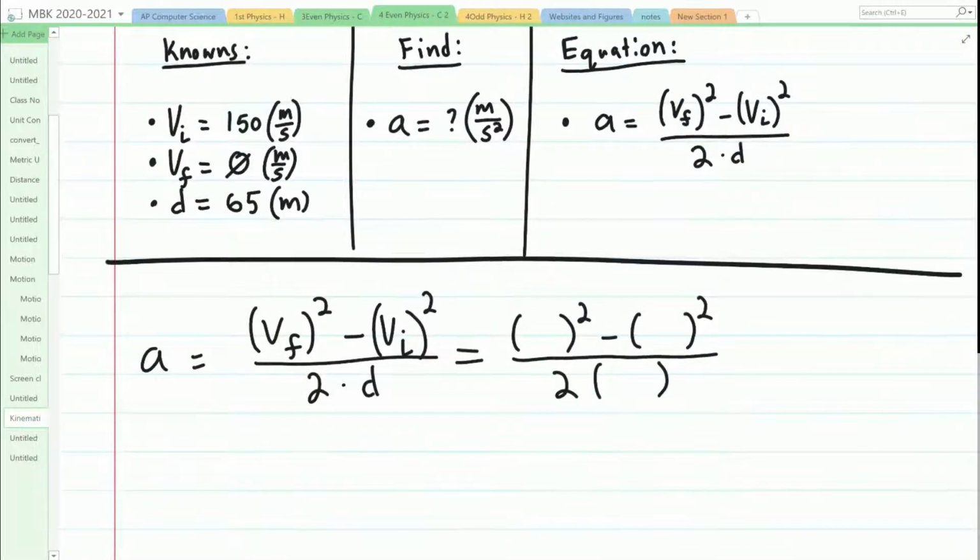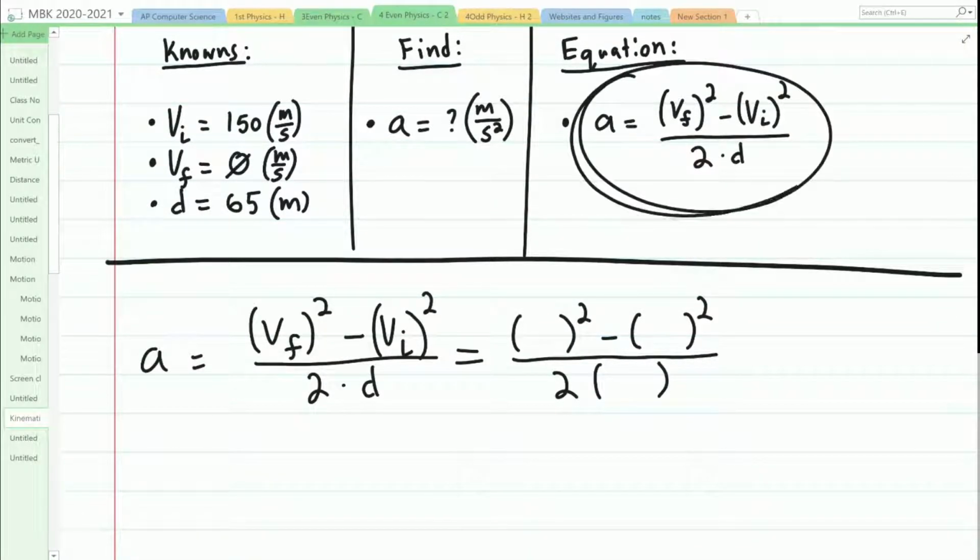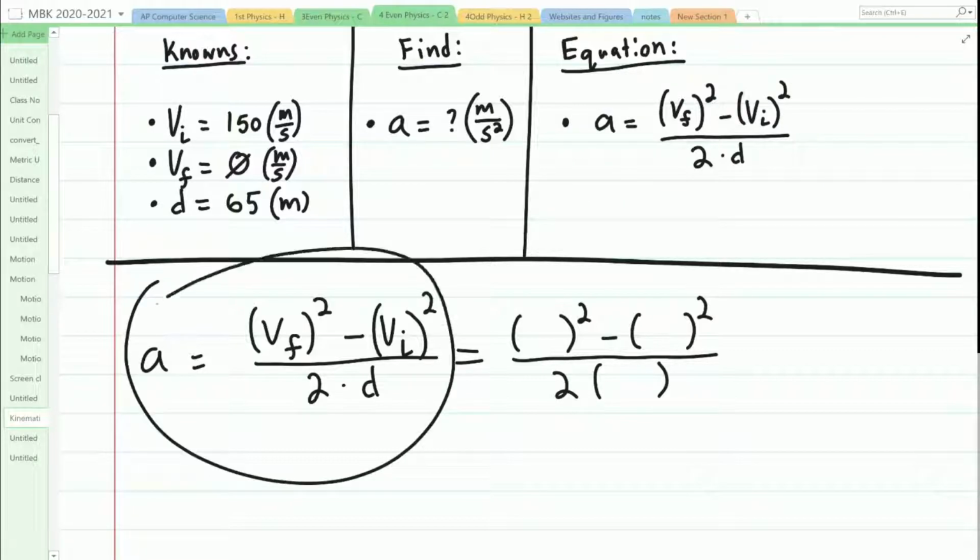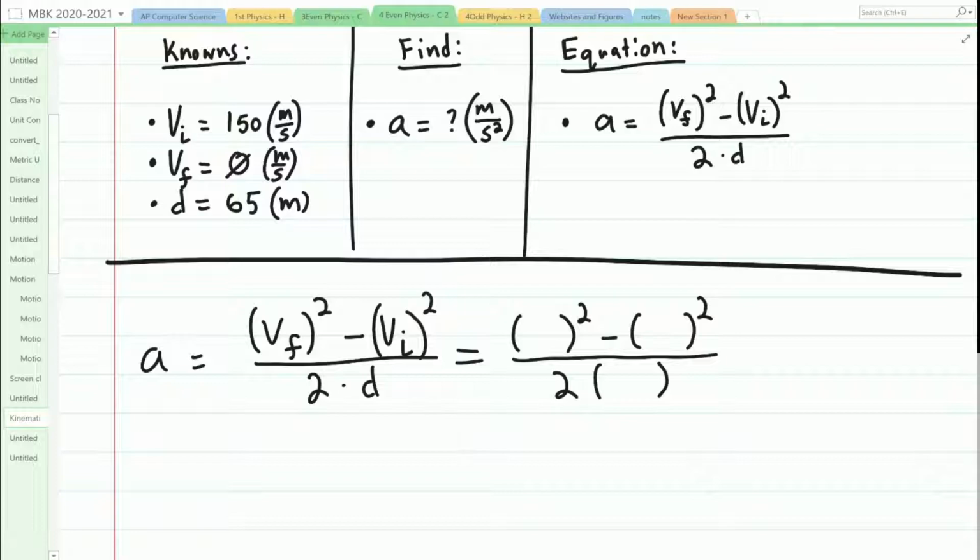So after we write down the equation that we know works, I will copy it down. And then the reason why I copy it down here again is to make sure that it's very obvious wherever the variables are. And what I'll do is I'll do this in a different color just to make it pop even more.